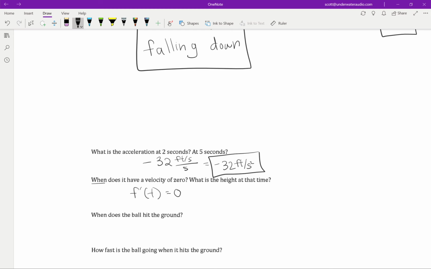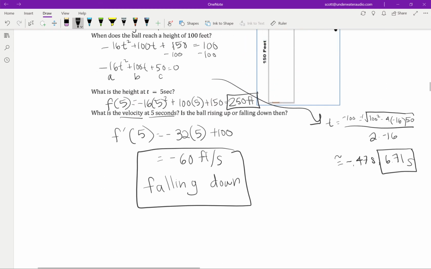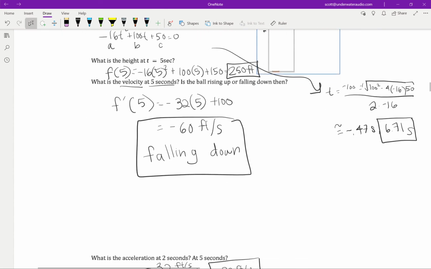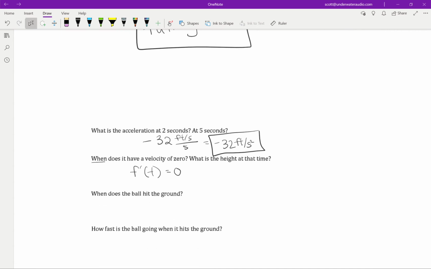I can't remember what f prime of t was, but I did do it. F prime of t is negative 32t plus 100. Okay, let's start solving up here so we have space.